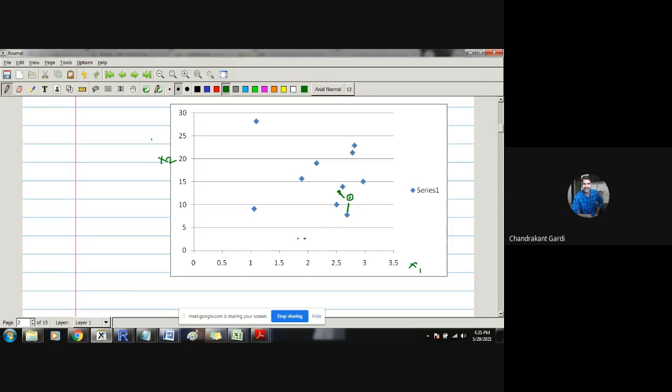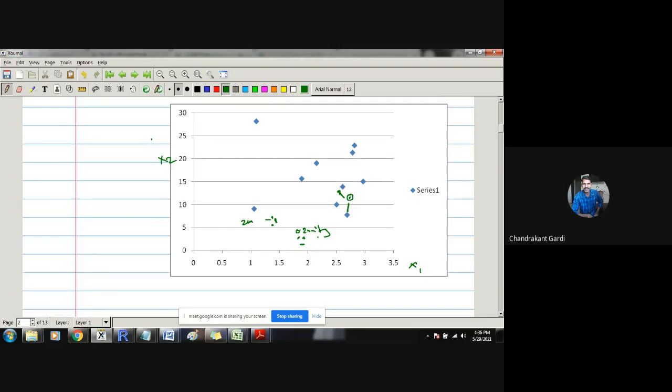Even if these two observations are this much distance away from each other in x1 space, and the same observations are this much distance away on vertical space, it seems that this distance and this distance are the same. But when we consider scaling, this stands for say 5 to 7, so 2 units of distance, and this is just 0.2 units of distance. So the x1 data is measured in some units, the x2 data is measured in other units, and therefore we cannot directly compare these deviations, right?